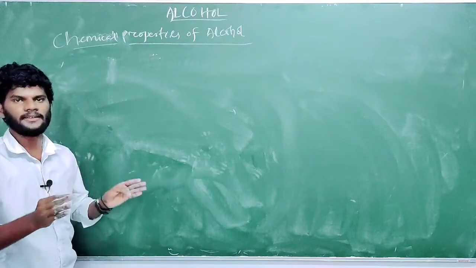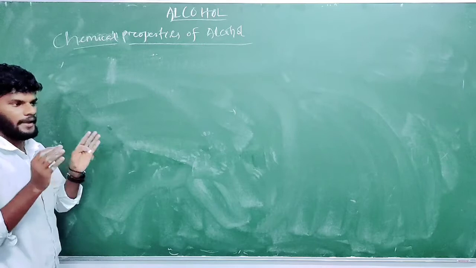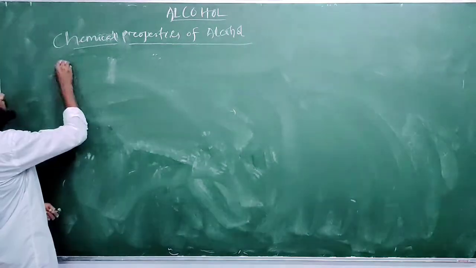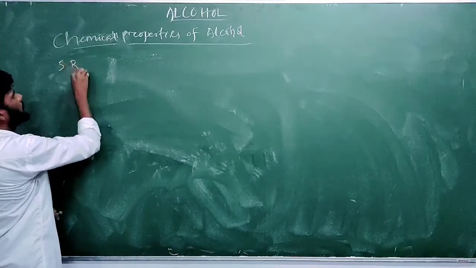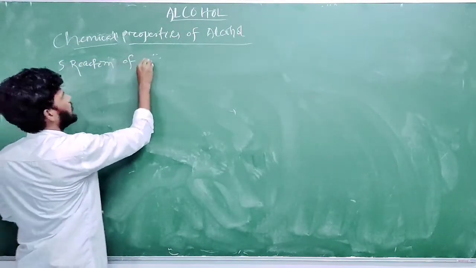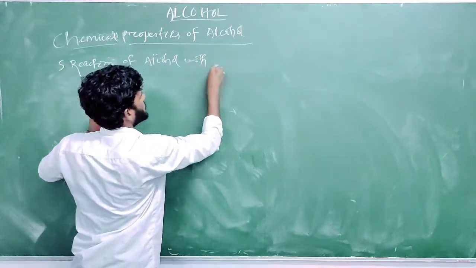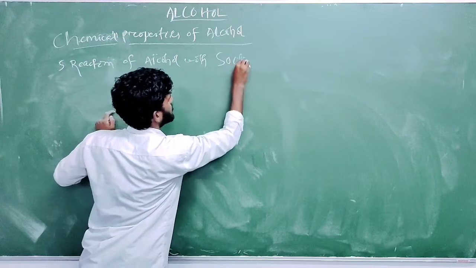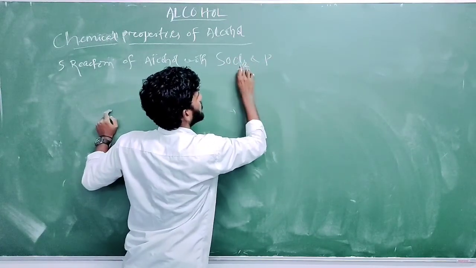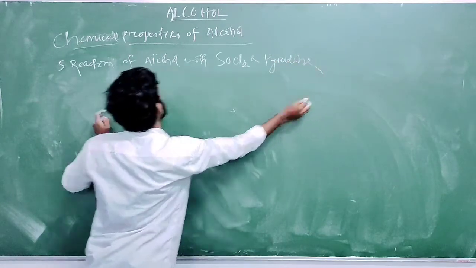So the next chemical reaction of alcohol, number 5, is the reaction of alcohol with SOCl2 and pyridine. Pyridine is here also attached as a base.